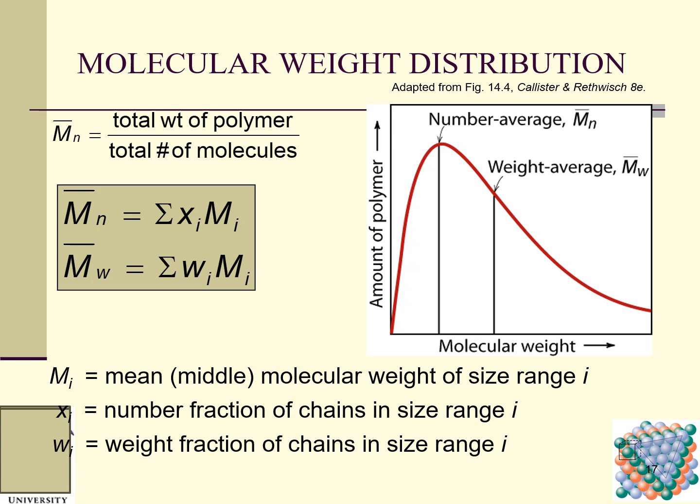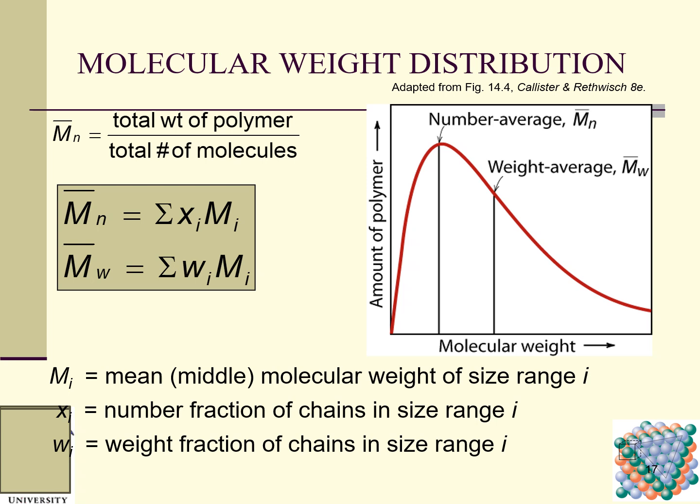So for the molecular weight distribution, Mn means the total weight of polymer divided by the total number of molecules. So Mn equals the sum of xi mi, where mi is the mean molecular weight of size range i, xi is the number fraction of chains in size range i, and wi is the weight fraction of chains in size range i.